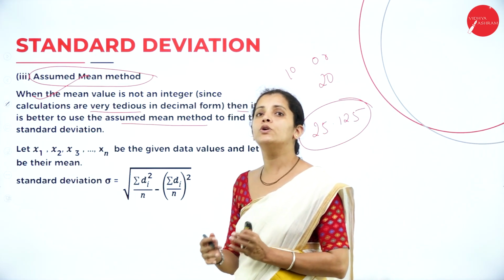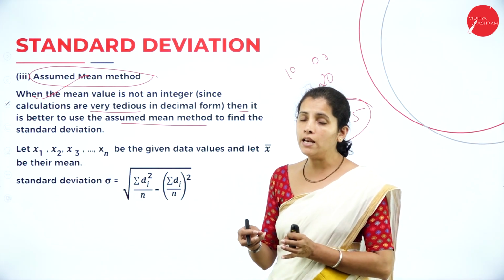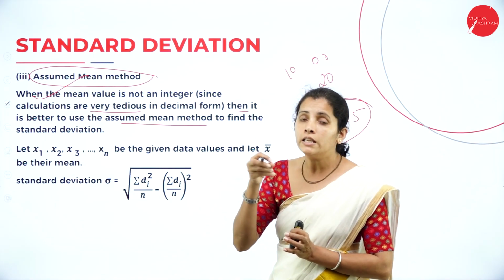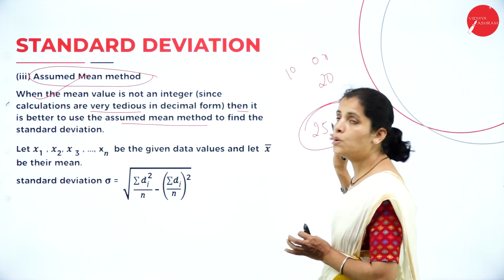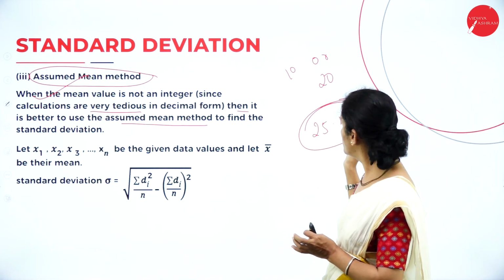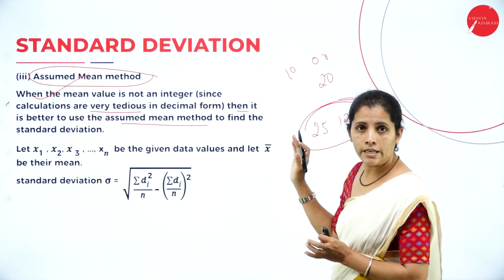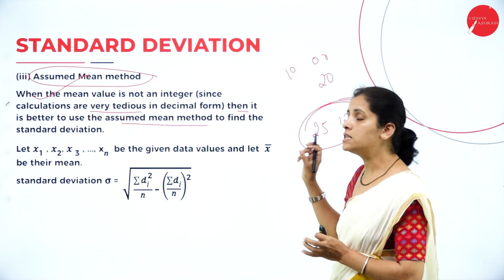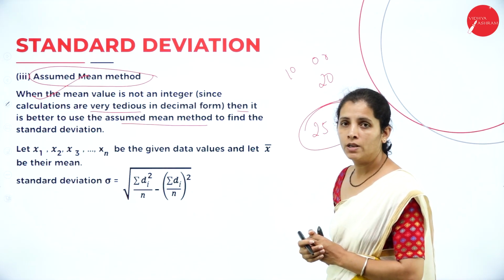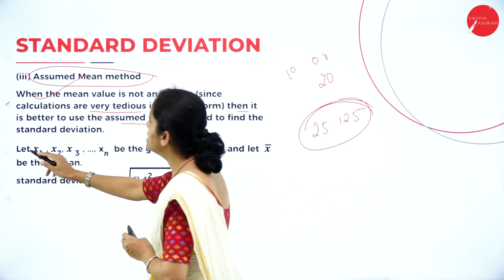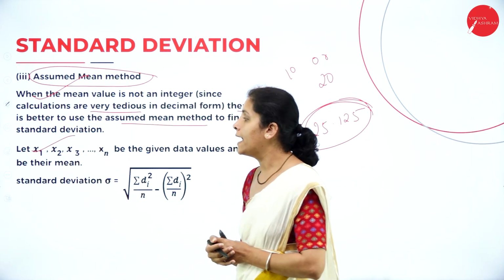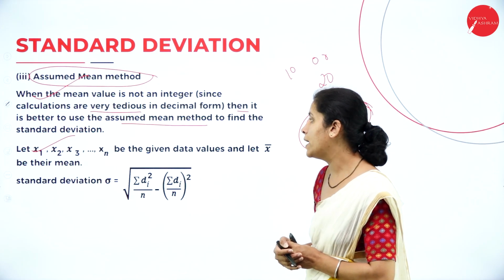In the sense, I am going to assume a mean which is nearest to the mean value. So I am going to consider only integer values. Here I have a series of data, that is x1, x2, x3 up to xn.